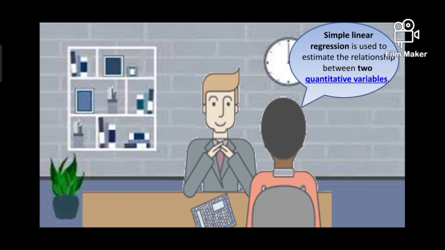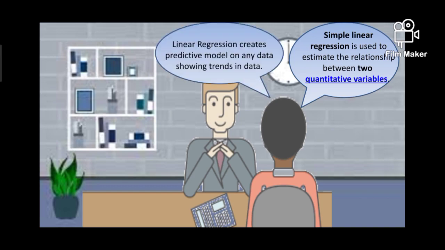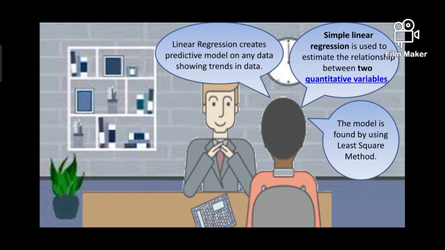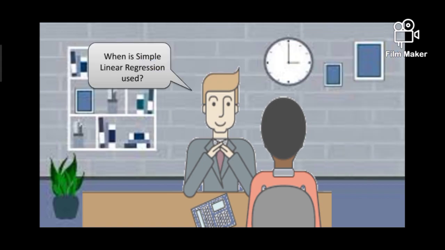When there are more than two variables, multiple linear regression is used. Linear regression creates a predictive model on any data showing trends, and the models are found using the least square method.